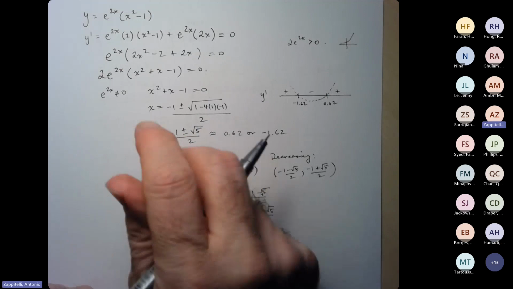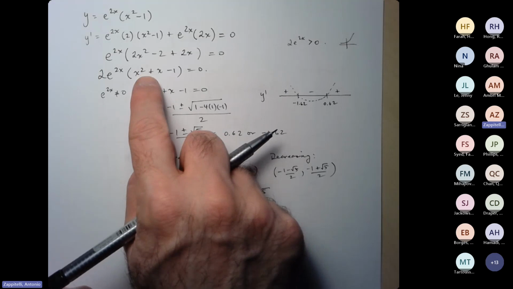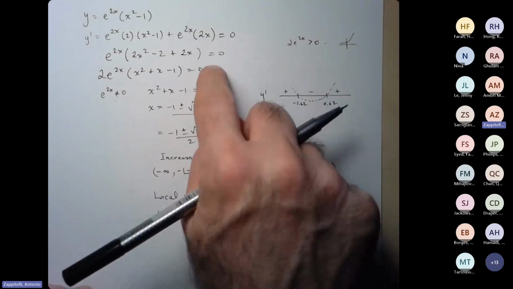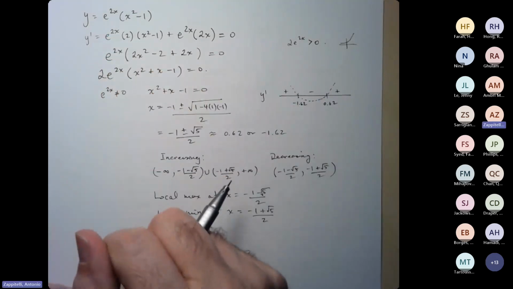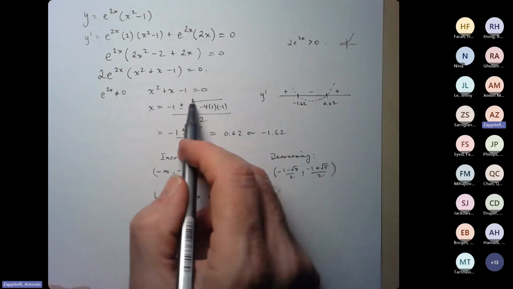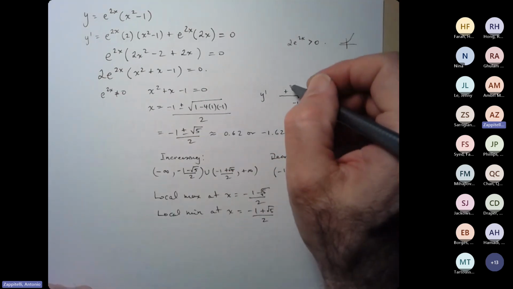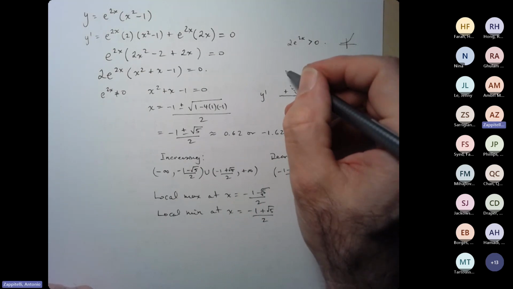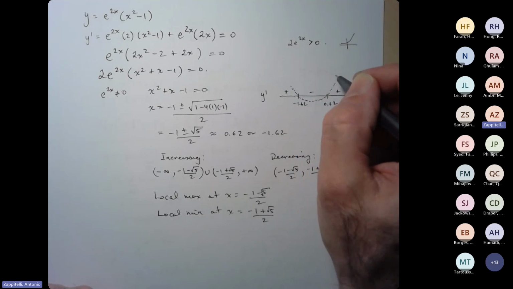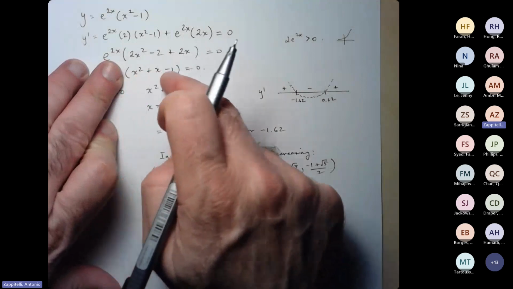Thank you. Perfect. But that's when I noticed, what is this thing inside of the bracket? It's just a parabola, and because the leading coefficient is positive, it's a parabola that has to open upwards. So I already found the x-intercepts of that parabola. That's what I found here. And since the parabola has to open upwards, I know the parabola is going to look like this. It's going to start positive, then at the x-intercept, it's going to go negative and then come back up and go positive. So you see how I'm only working with this part of the derivative.